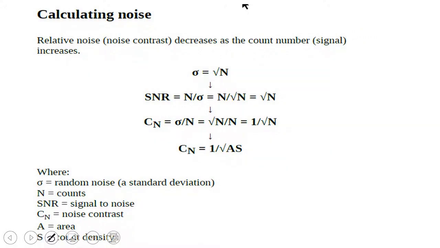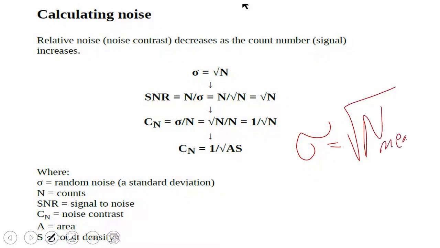What is noise? It is the standard deviation, the square root of the mean value. The mean value refers to the average height of people. For example, if I am 150 centimeters and the average is 175 centimeters, then I take the square root of that to get the standard deviation.